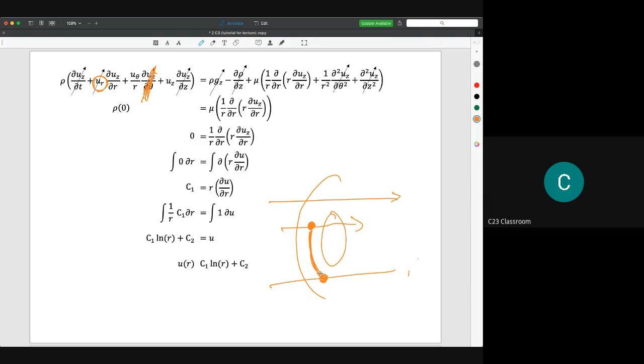So du_z over d theta is 0 because there are no changes at all. And du_z over dz is also equal to 0, because for the molecules in the z-axis, whether here or here or here, the velocity remains constant. So there are no changes of du_z over dz.